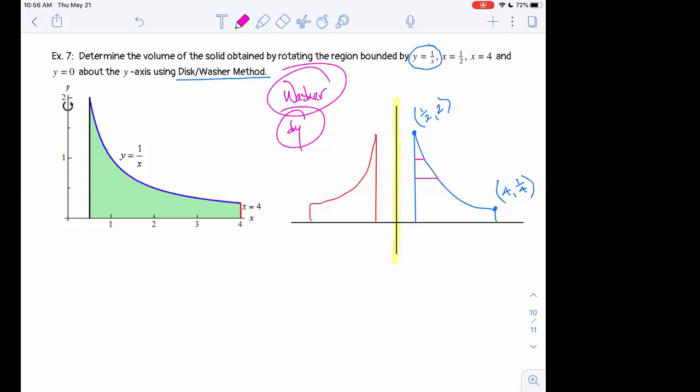So these two pink lines that I drew so far, do these pink lines have the same left curve and the same right curve? Yes, they do.